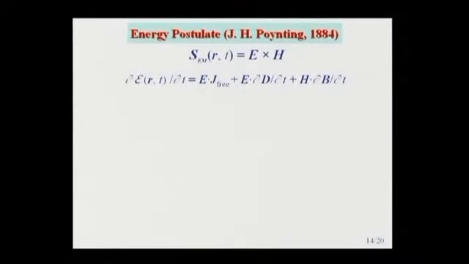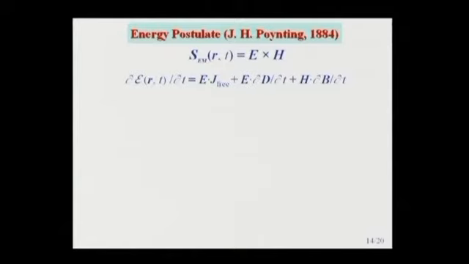So the Poynting theorem tells you that the rate of change of electromagnetic energy density is given by this expression. The electric field and the free current interact. If E dot J free is positive, electromagnetic energy is flowing into the current. If E dot J free is negative, electromagnetic energy is coming out, like in the case of an antenna or a radiator.